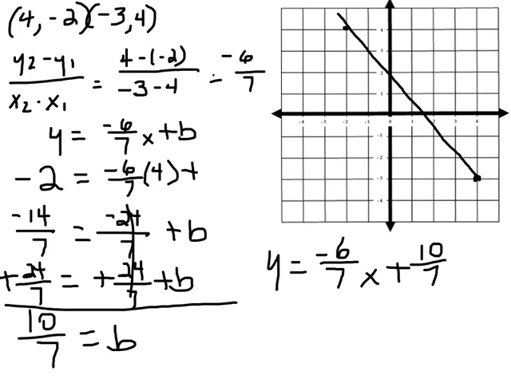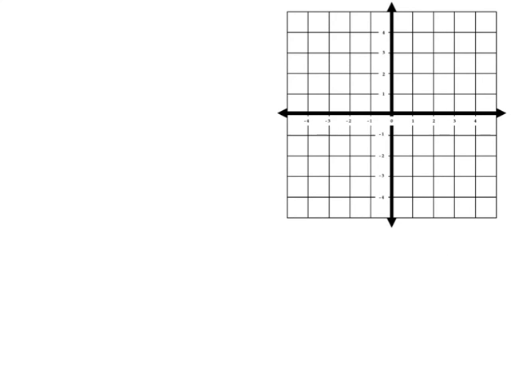Let's do example 3 in your book. Example 3 says find the equation of the line that passes through the points 4, 3. So let's do 4, 3. There's that point. And 4, negative 3.